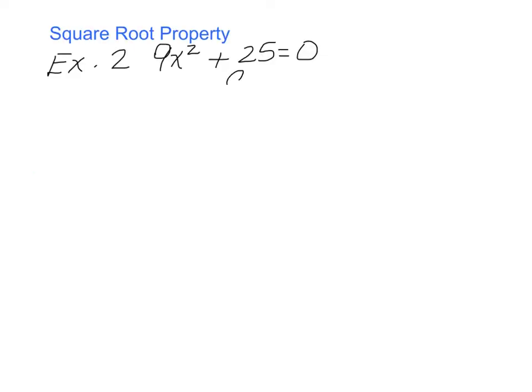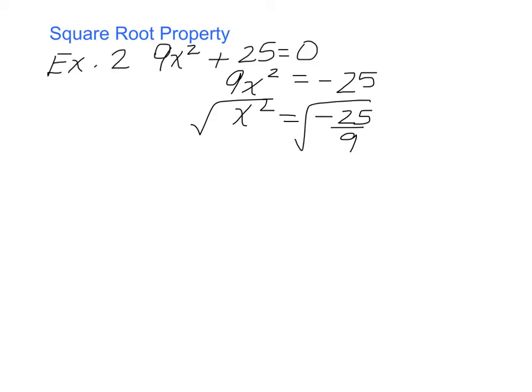Okay, here's another example. So I'm going to move the 25 over first. And I'm going to divide by 9. And I'm going to square root both sides. And since these are perfect squares, and the negative represents i, you want to bring out the negative.